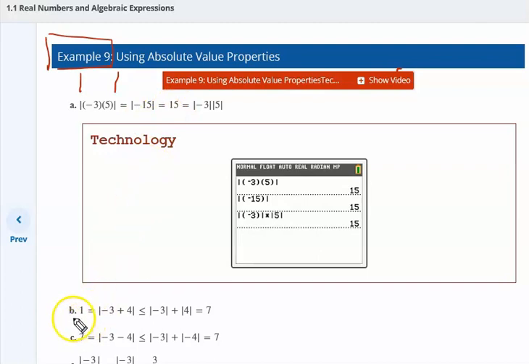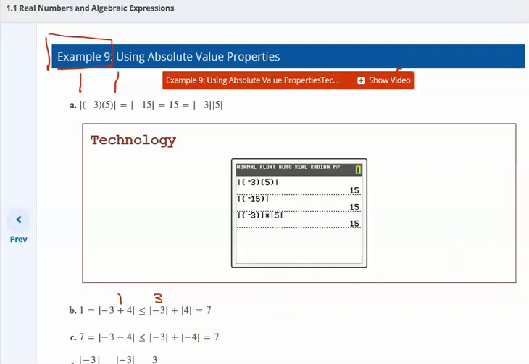Okay, and in this case, letter B, we have 1 is equal to a -3 plus 4, which is a 1 here. And then the value here of a -3 is 3. 3 plus 4 is 7.